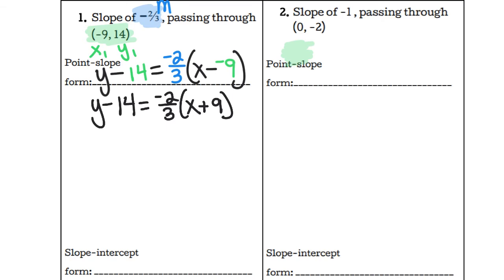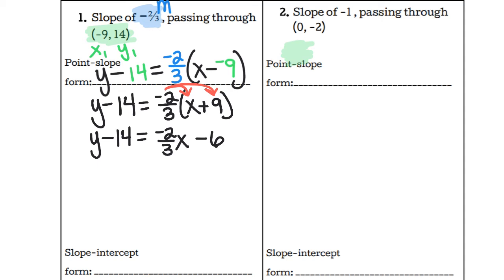Now my next step, since we're looking at the parentheses, I want to distribute that negative 2/3 into both the x quantity and the 9. So we're going to keep the y minus 14 on the left, and I'm going to get negative 2/3 x. And when I distribute negative 2/3 to 9, I'm going to get negative 6.